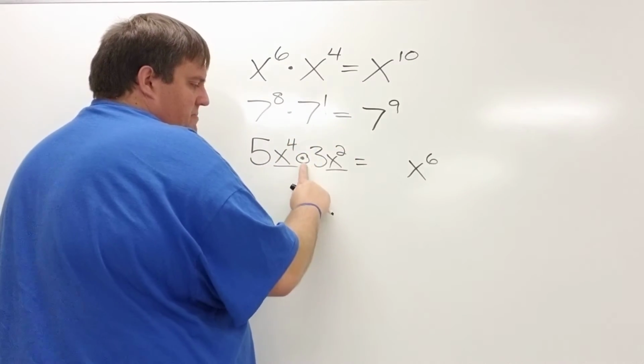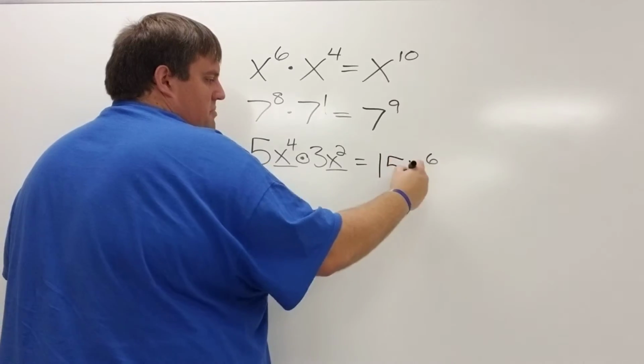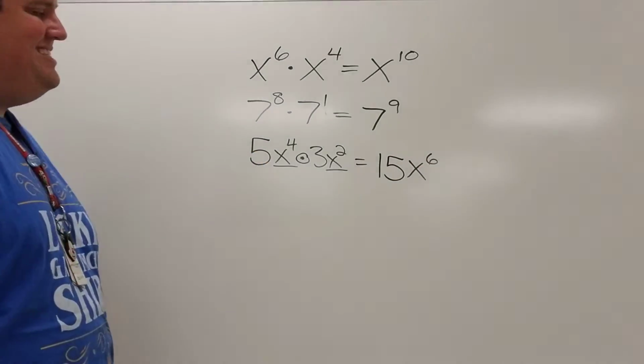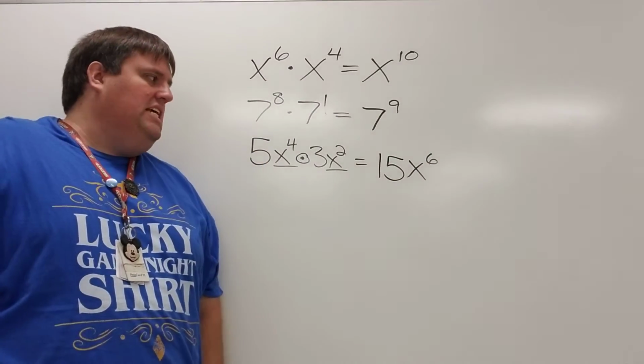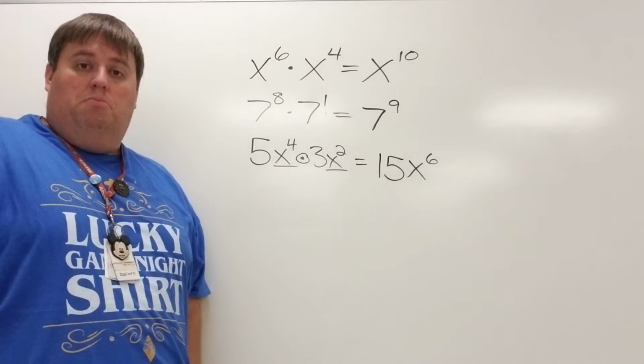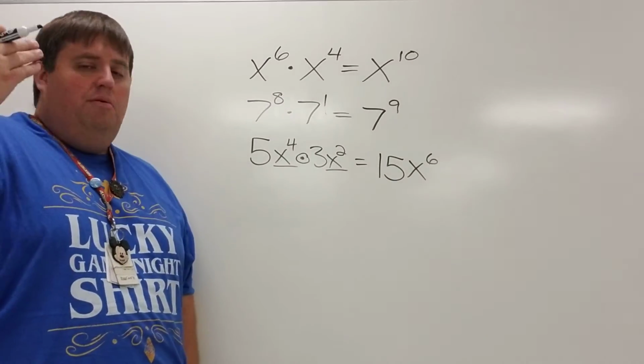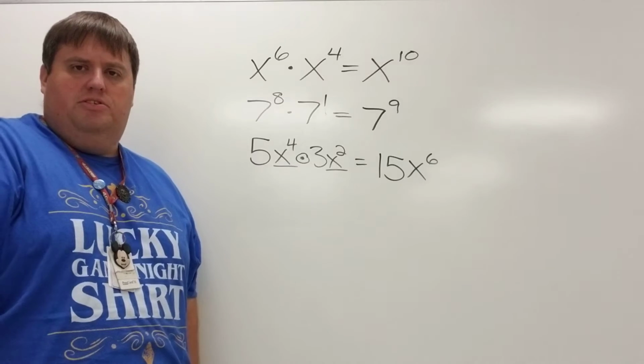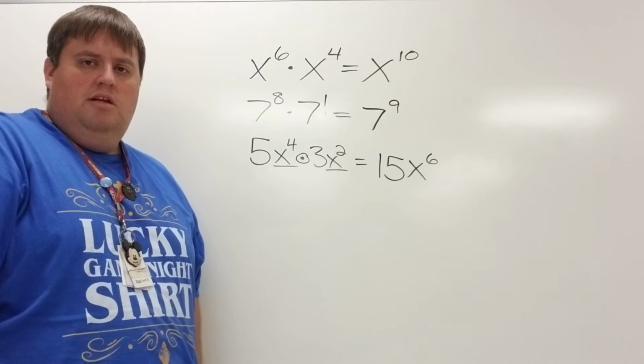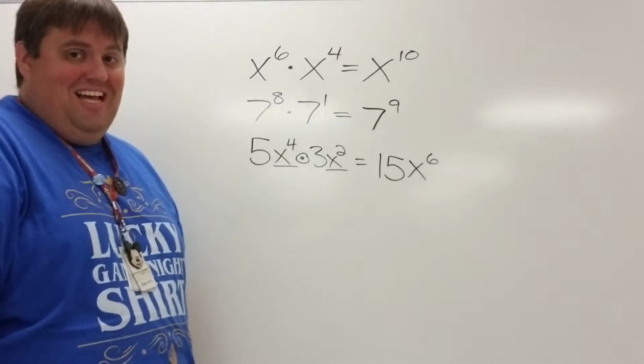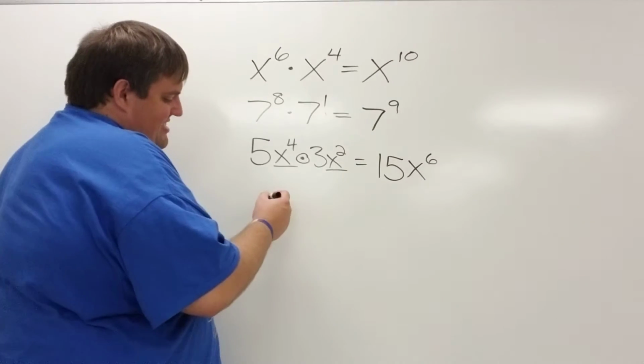We can just do what the problem says. In this case, that's multiply. So we can simplify this one to 15x to the 6th. We use the multiplication rule for the x's, and we just do multiplication for the other numbers that don't have the same base. We could do that with a lot of variables, like this.